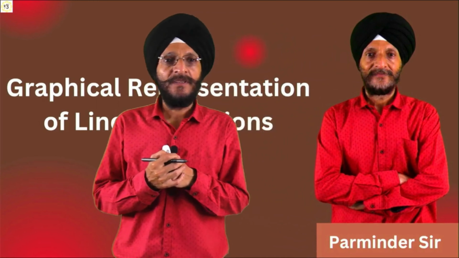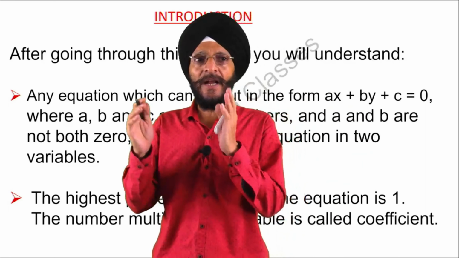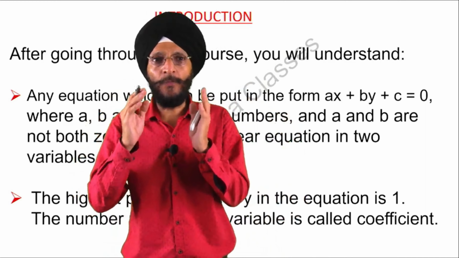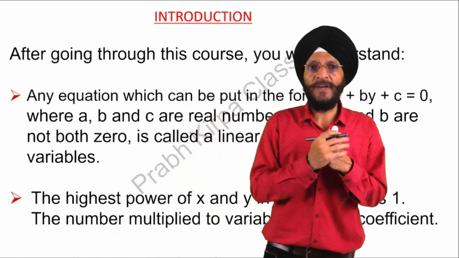After going through this course, the students will understand that any equation which can be put in the form of ax plus by plus c is equal to 0, where a, b and c are real numbers and a and b are not both 0, is called a linear equation in two variables.